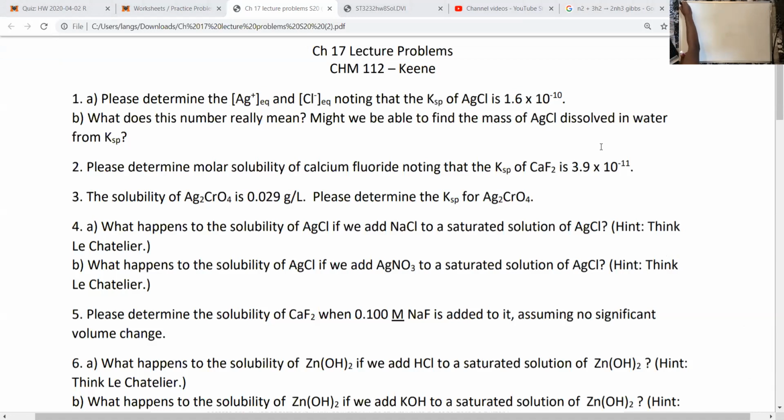So we're going to determine the molar solubility of calcium fluoride, noting that the Ksp of CaF2 is 3.9 times 10 to the negative 11.